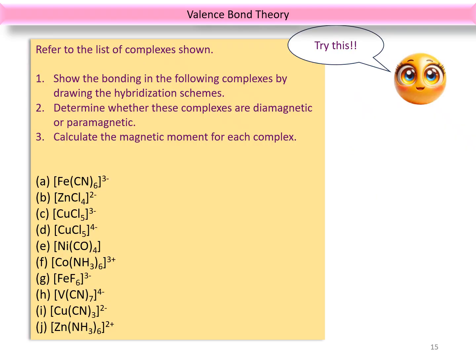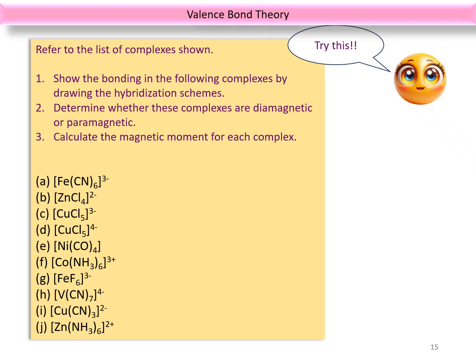Try this list of compounds and show the bonding by drawing the hybridization scheme, and from there you will be able to determine whether these complexes are diamagnetic or paramagnetic. This will also lead you to the measurement of the magnetic moment, because the n value, which is associated with the number of unpaired electrons, is given when you draw the hybridization scheme.